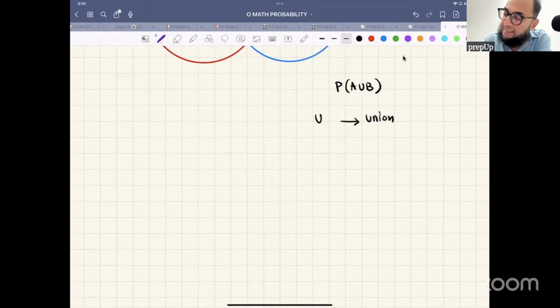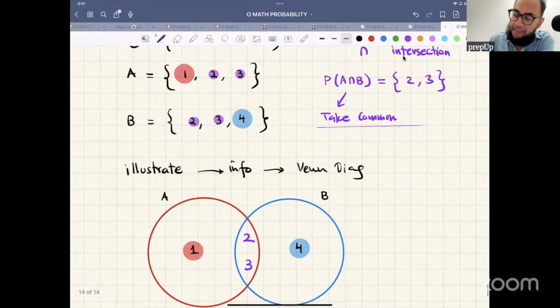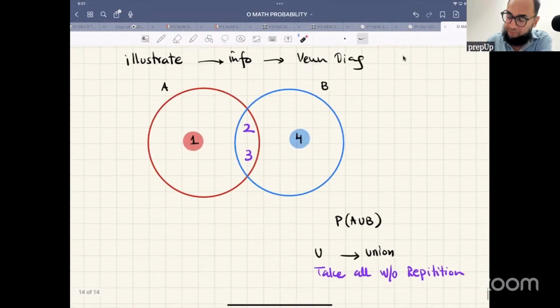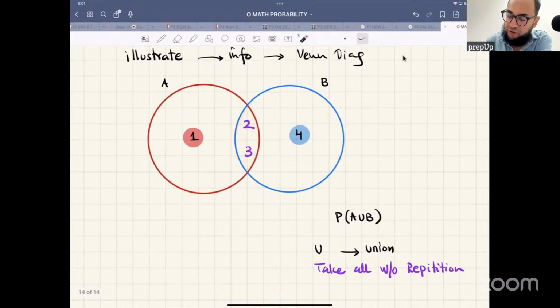Union is take all without repetition. Do not repeat the common thing. That means if this is 1, 2, 3, this is 2, 3, 4, the common is 2, 3. So don't repeat it, just write it once. So this is the intersection thing. You have probably done the Venn diagram thing.